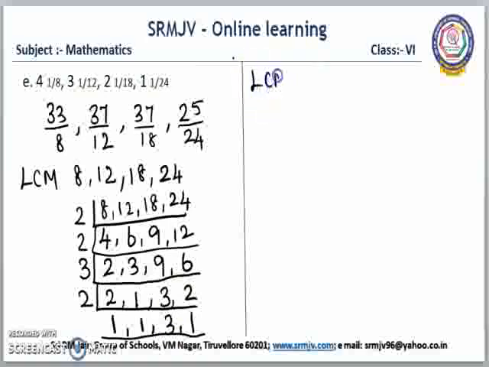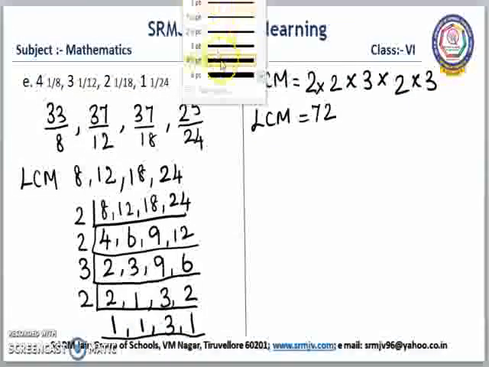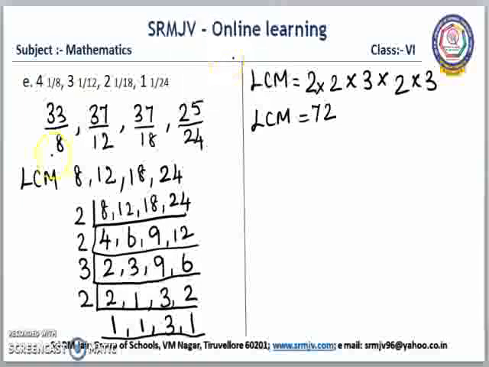To find the LCM we have to multiply all the numbers: 2 into 2 into 3 into 2 into 3. So 2 2s are 4, 4 3s are 12, 12 2s are 24, 24 3s are 72. This is the LCM. Now we have to convert the unlike fractions to like fractions.